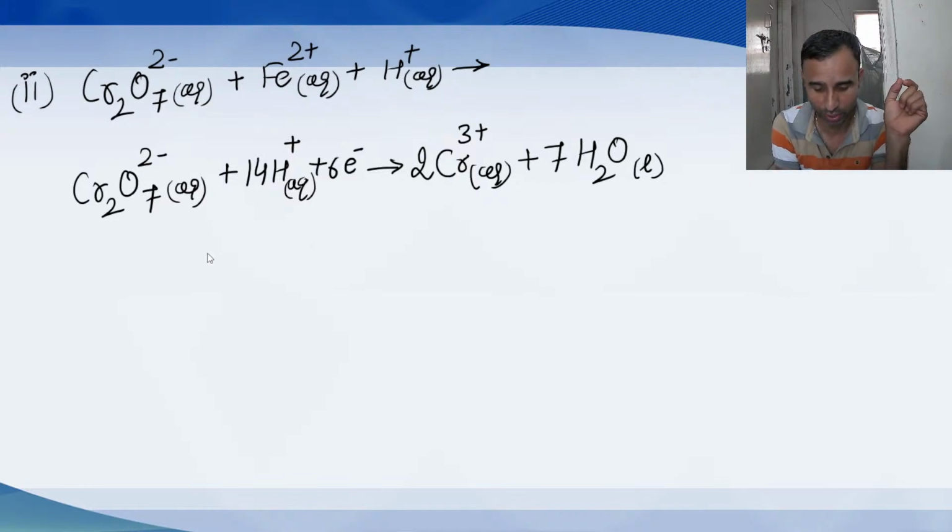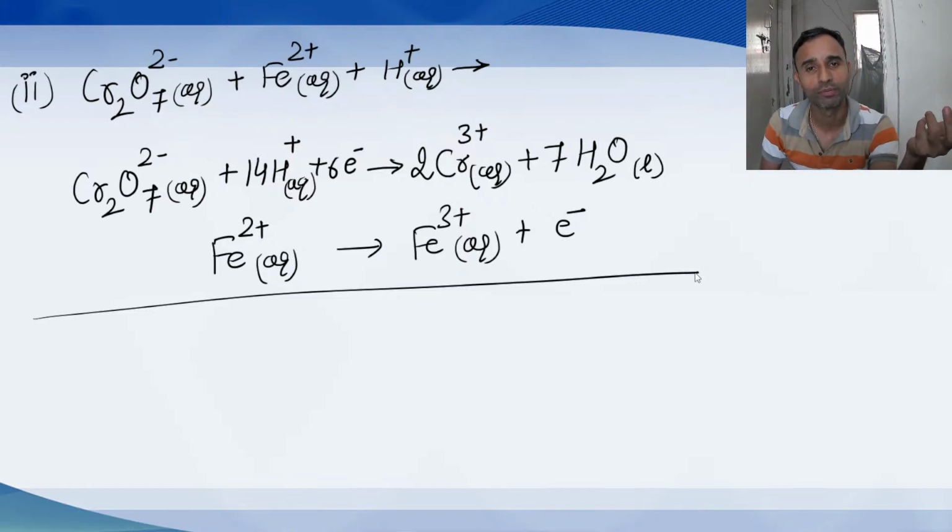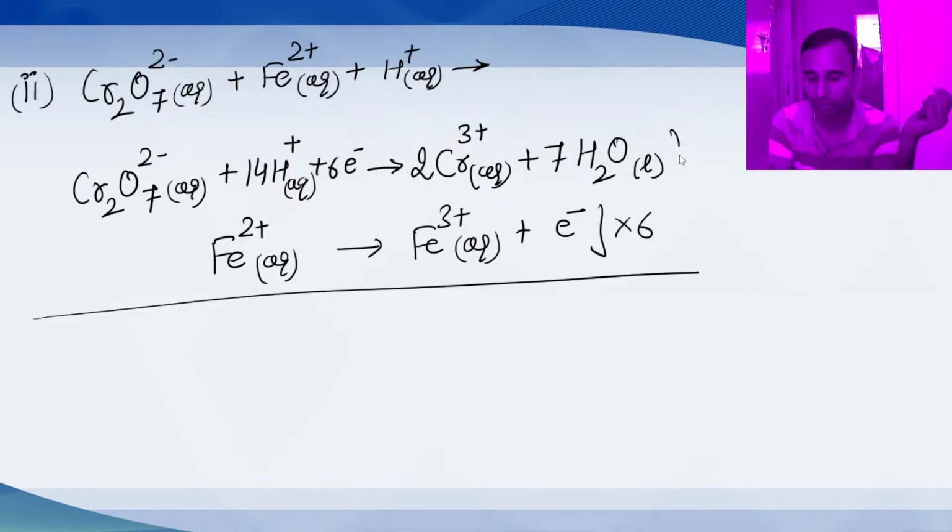Next is Fe2+. Fe2+ is oxidized by dichromate to Fe3+. So balance the charge with 1 electron. We multiply by 6, and add it to the dichromate half reaction.